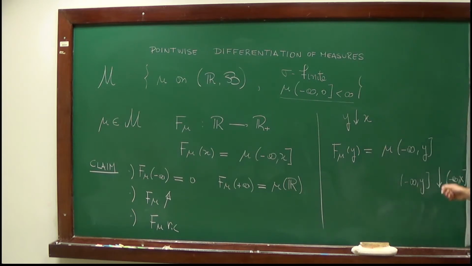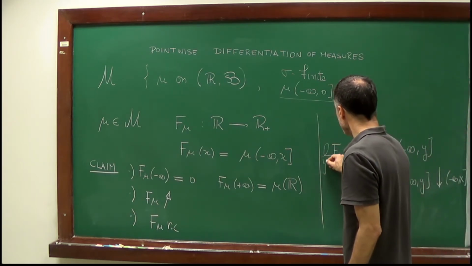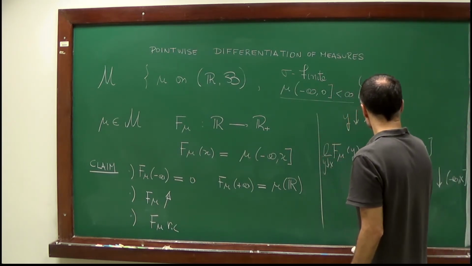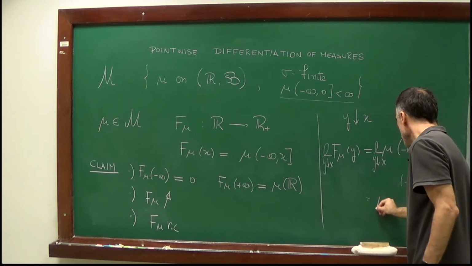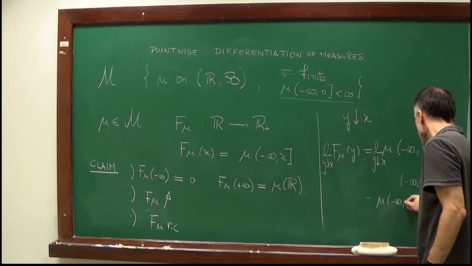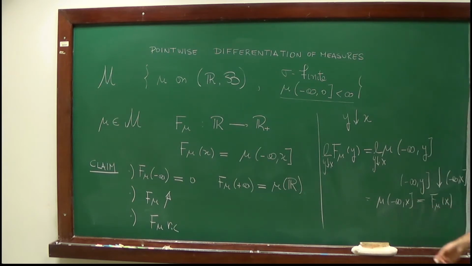And again, by the continuity from above of the measure mu, the limit as y decreases to x is equal to mu of minus infinity to x. And this is f_mu of x, which proves the right continuity.